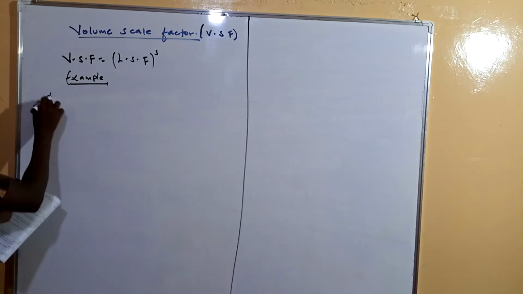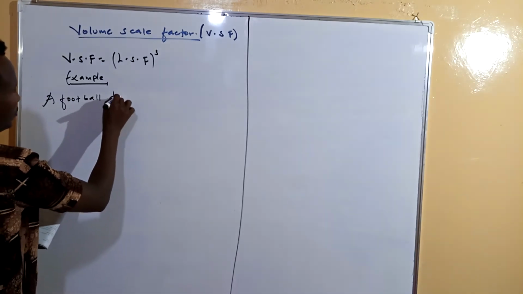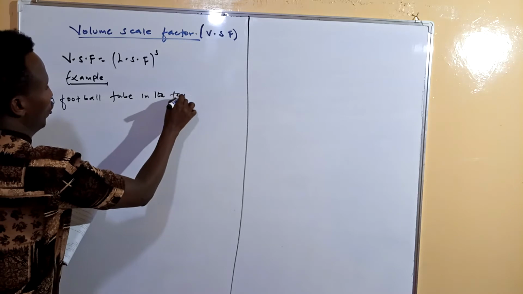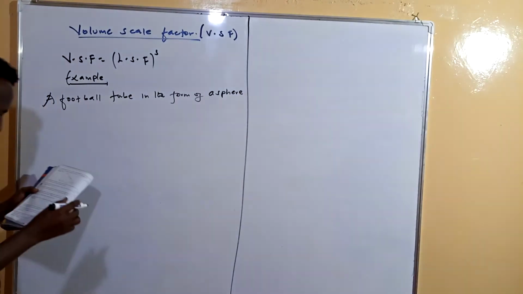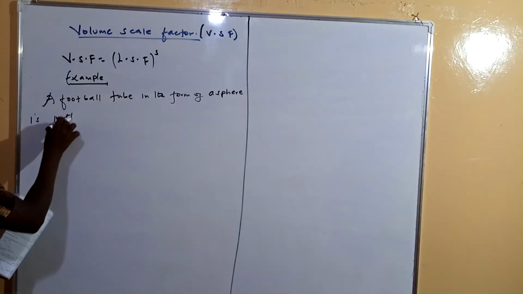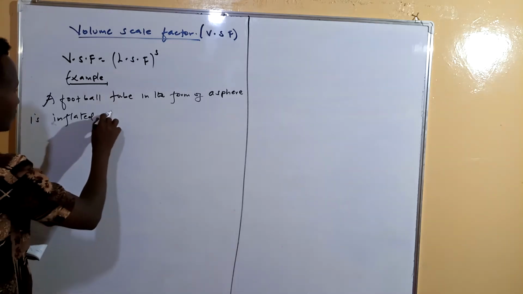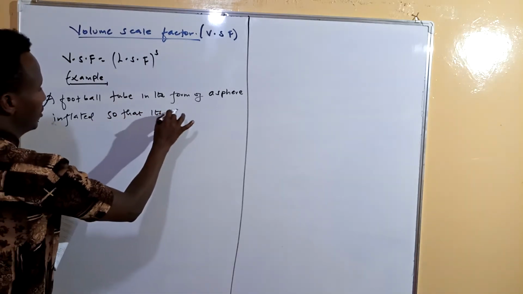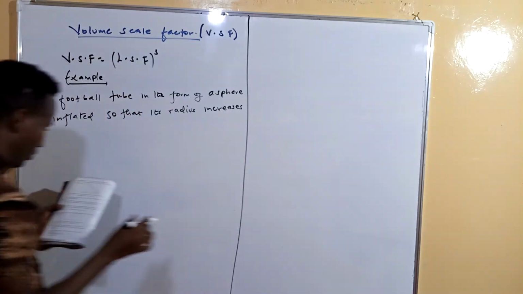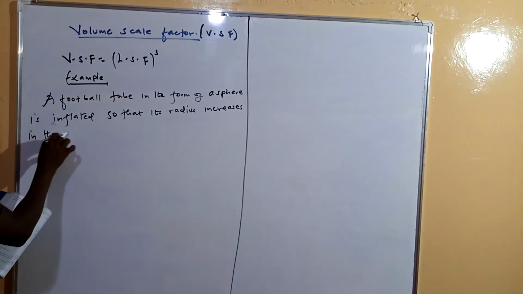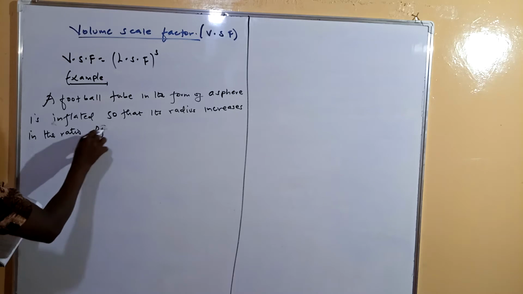Example 1. You're told a football chip in the form of a sphere is inflated so that its radius increases in the ratio of 4 to 3.